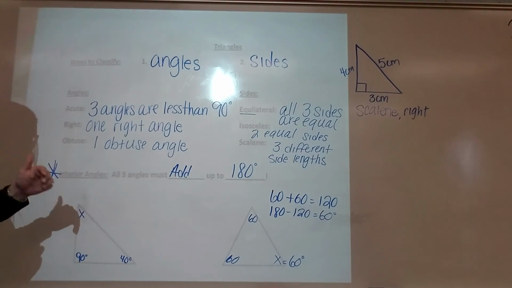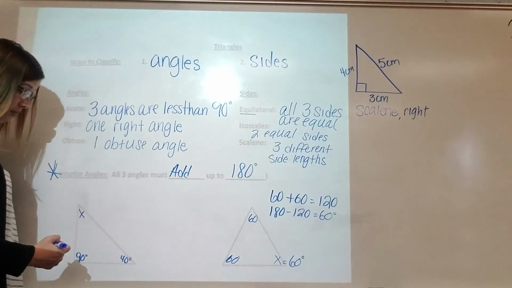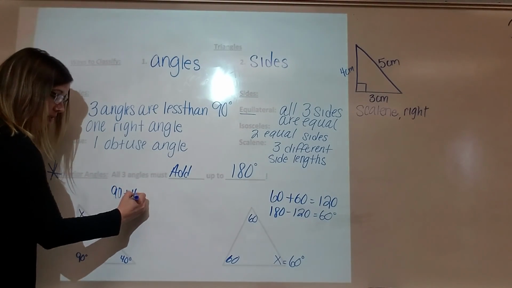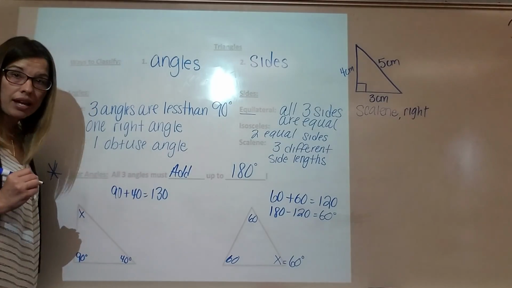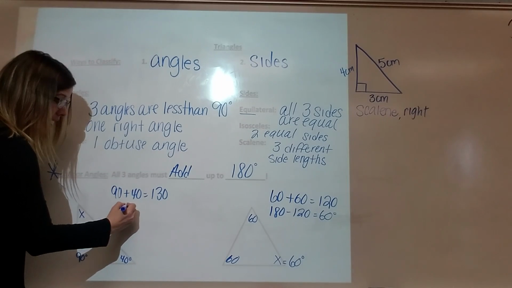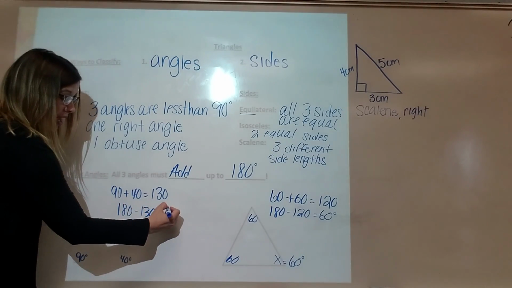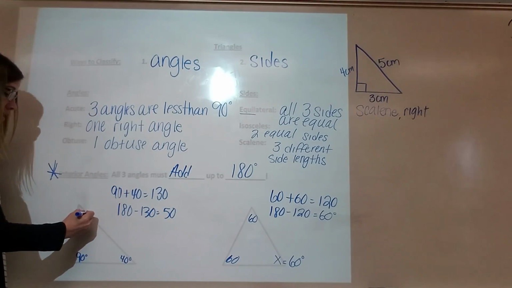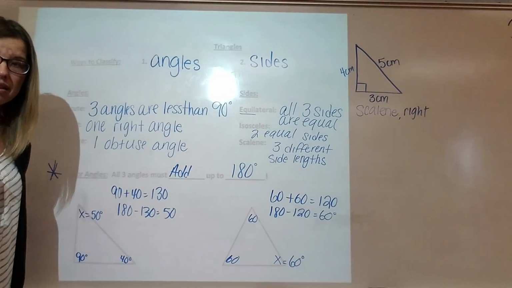We know the three angles have to add up to 180, so I'm going to add the two angles that I know. I'm going to take 90 plus 40. That gives me 130. Well, since they have to add up to 180, I'm going to take 180 minus 130, and that gives me 50. So that means this missing angle right here is 50 degrees.